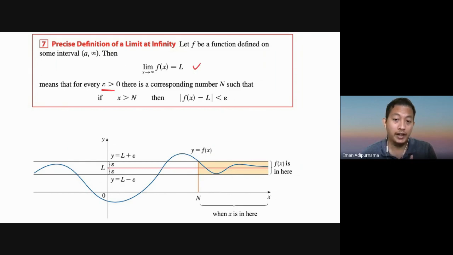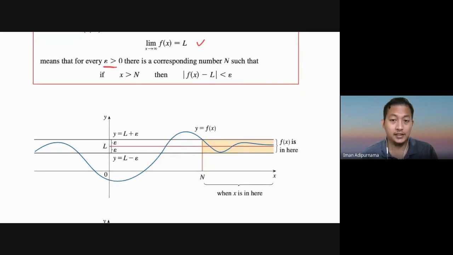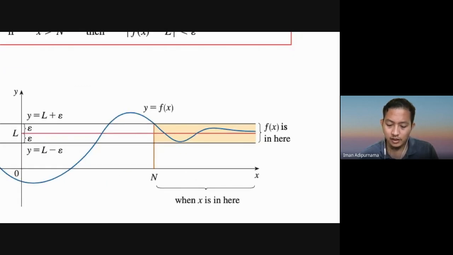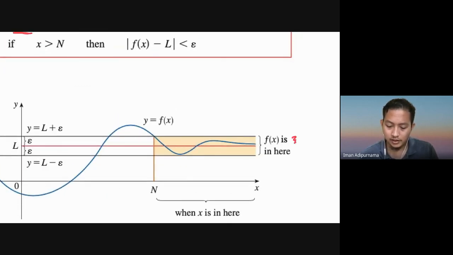Number n is just to indicate that when x is approaching infinity, the value should always be greater than n, the corresponding number here. So n can be any number, and then the distance here is always less than epsilon, or the maximum distance here should be epsilon.